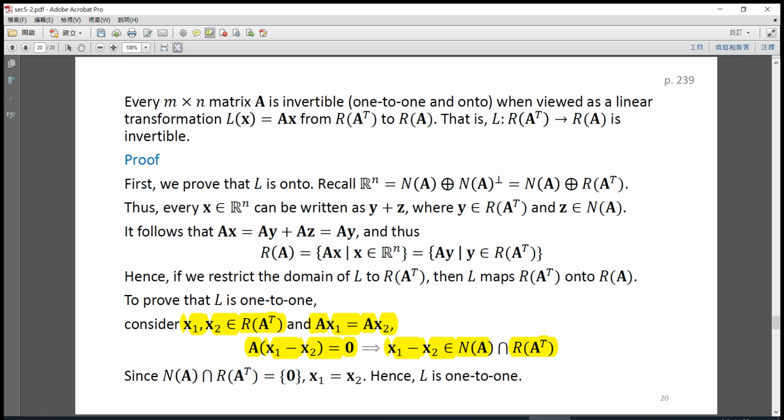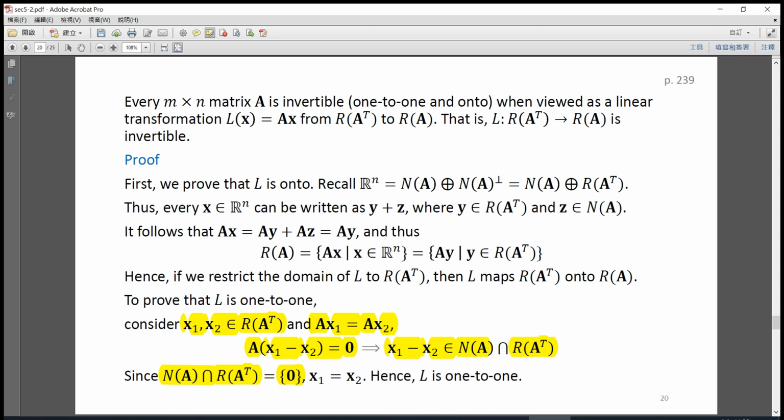So x1 minus x2 is in the intersection of the null space of A and the column space of A transpose. Because the null space of A and R(A transpose) are orthogonal subspaces, their intersection is the set containing only the 0 vector.